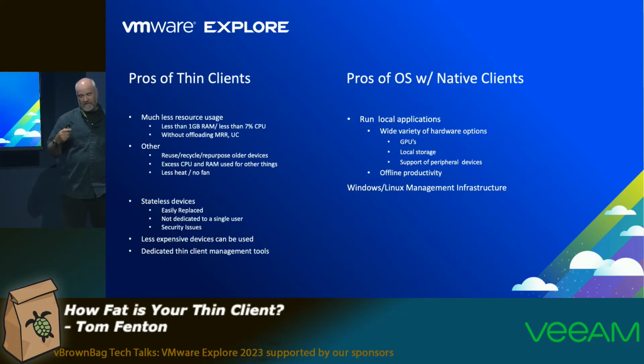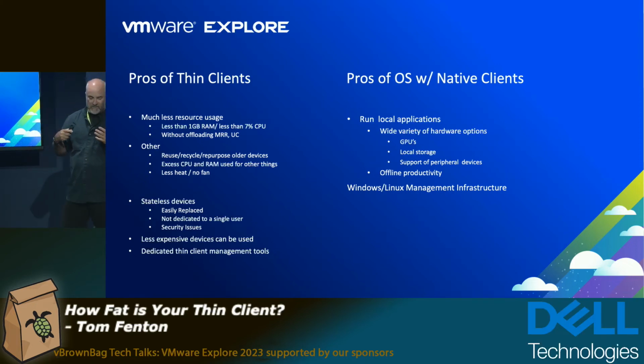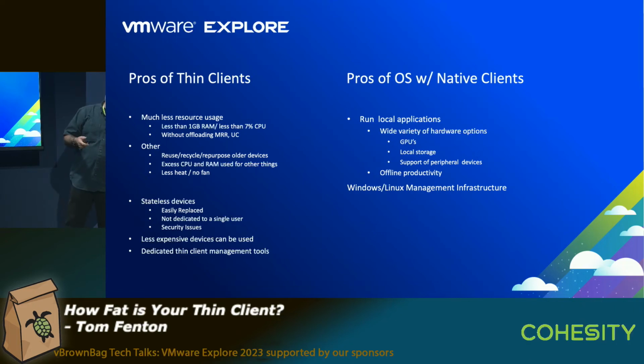And then I thought, running a bespoke thin client OS is kind of interesting, but there's trade-offs, right? And the pros of running thin client, obviously it uses much less resources. You can get by with a very minimal hardware footprint, less than 1 gig of RAM on it.